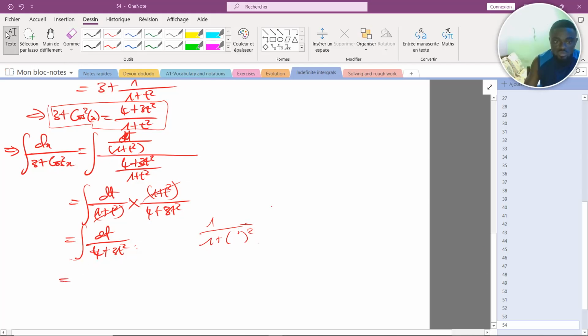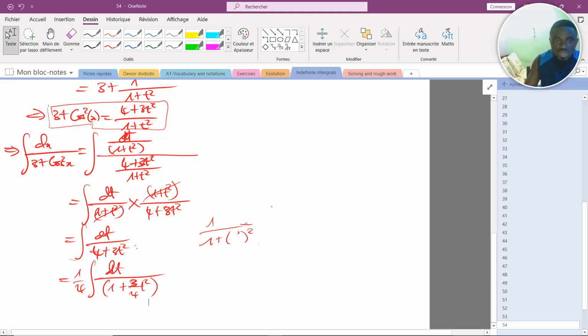So this will be equal to 1 on 4 integral of dt on, since I factorize 4 here, this remains 1 plus, since there was no 4 here, 3 on 4 times t squared.